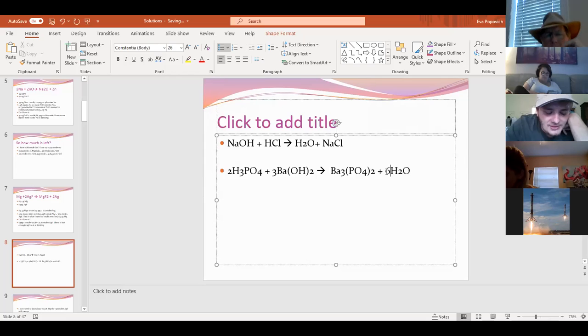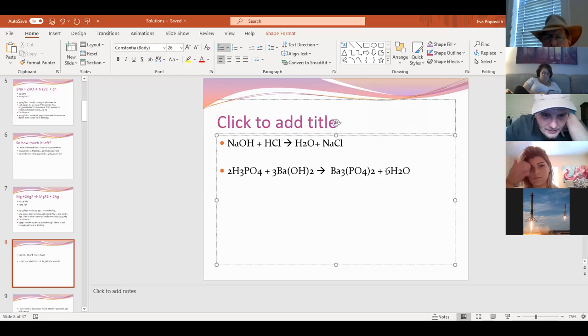Okay, that looks like a nightmare. That is my balanced chemical equation. Can you tell me, Hunter, what the molar ratio is between barium phosphate and phosphoric acid? What is the coefficient in front of the barium phosphate?